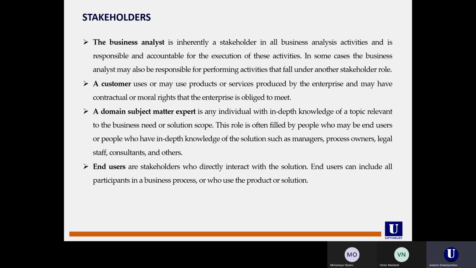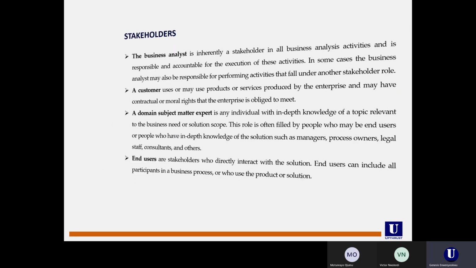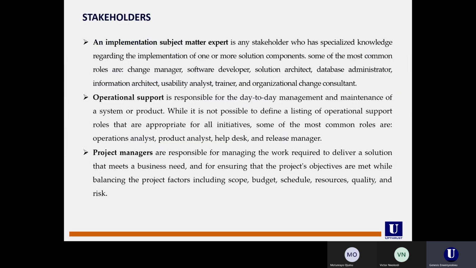So most times end users and customers have a slight relationship with each other. You could be a customer and also an end user, or a customer and not an end user. Is that okay? So the other type of stakeholder you also interact with in the course of your project is the implementation subject matter expert.